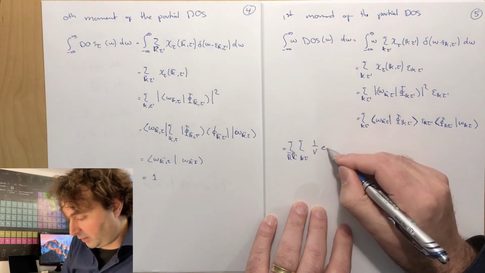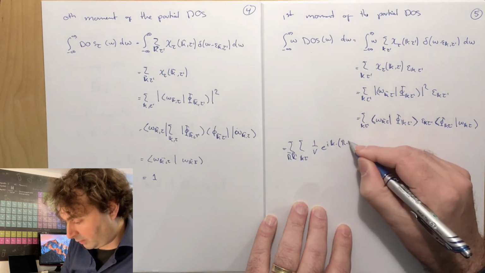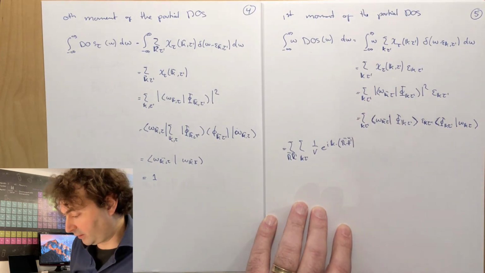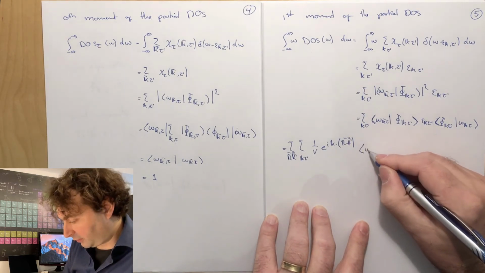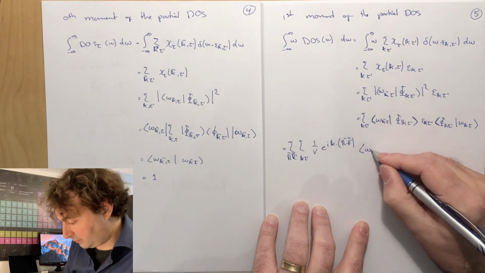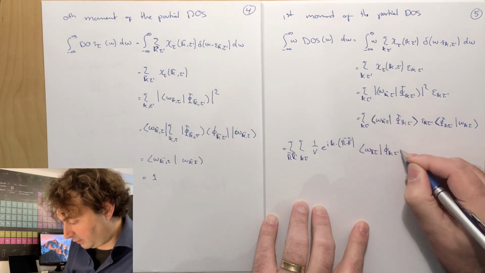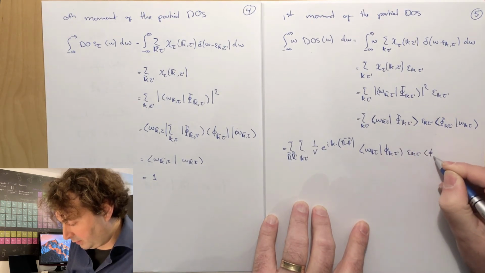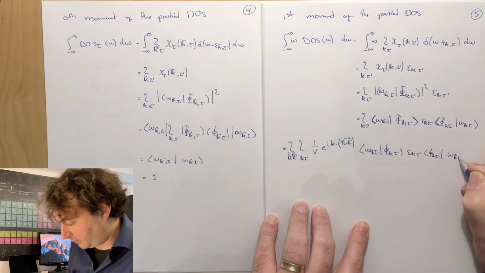That's 1 over v e to the i k dot r minus r prime for the Fourier transform on the right and on the left, for the bra and the ket. And then we have omega r tau, psi k tau prime, epsilon k tau prime, psi k tau prime, omega r tau.